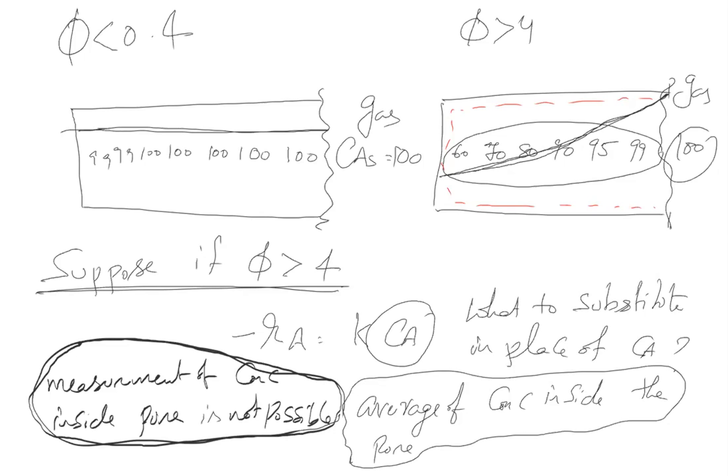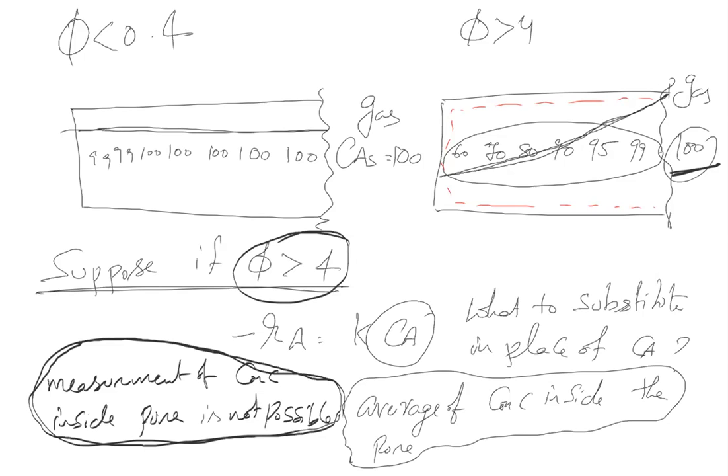Then what do you do? How do you design the reactor in the strong pore diffusion region? If I substitute 100 in place of C_A, I am doing the reactor design wrong, because the actual rate of reaction depends on the concentration inside the pore, but I am putting in the gas phase concentration, which is wrong.